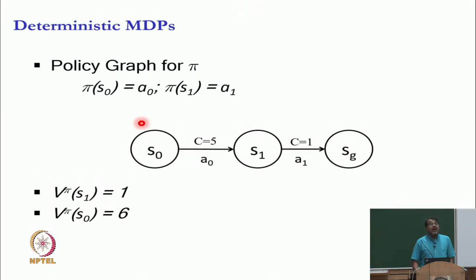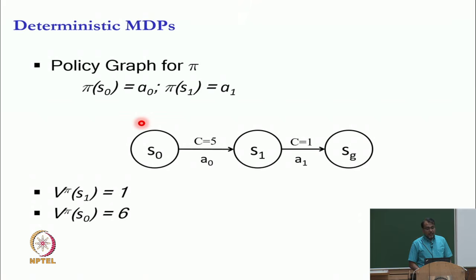A graph where from every state node only one edge comes out. Which edge? The action that policy pi tells me that I should take in that particular state. So, let us say policy pi says in S0 do A0, in S1 do A1, and let us say that is the policy graph I get.